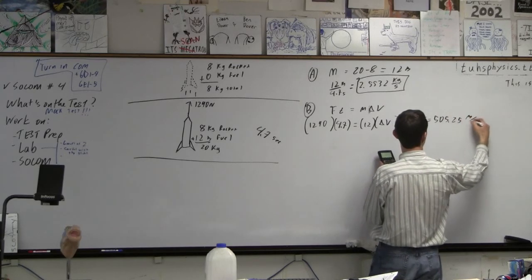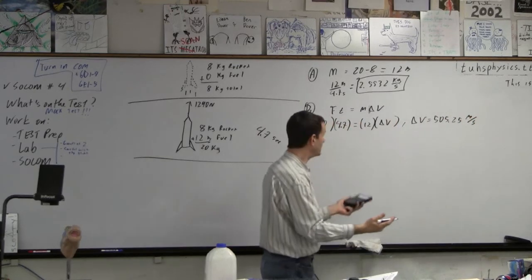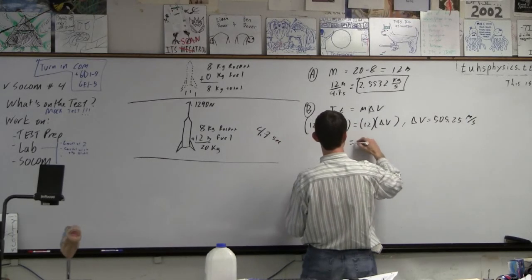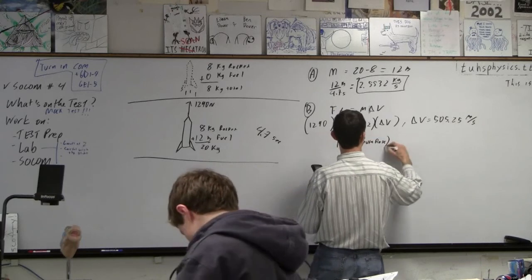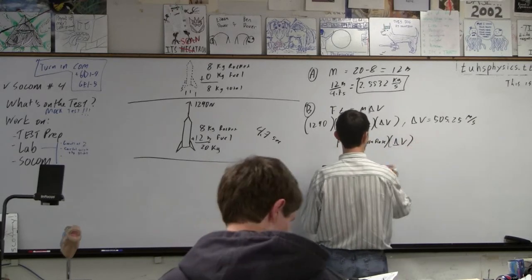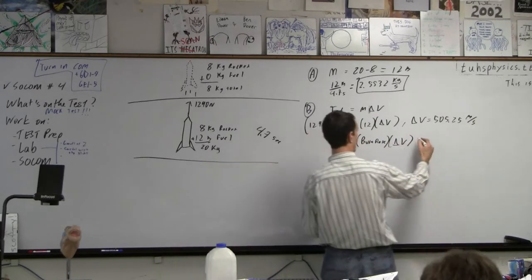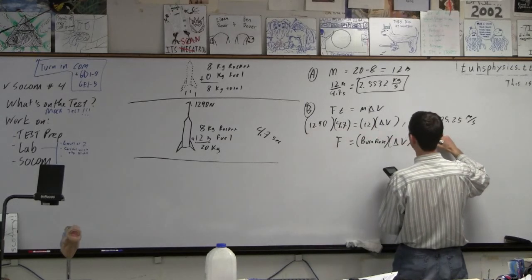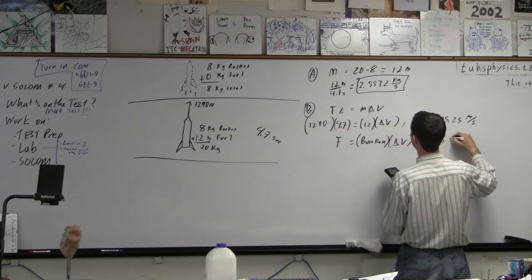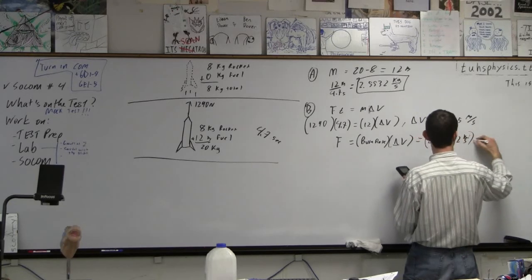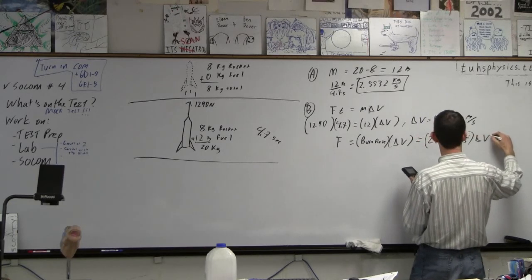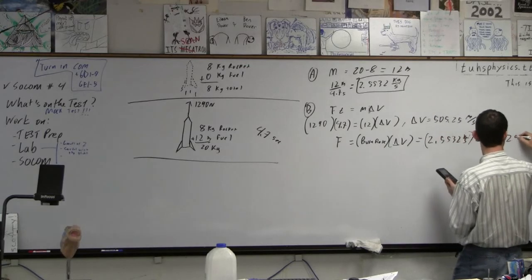Okay. The other way to do it is that the thrust of the rocket engine is the burn rate times delta V, right? So that's going to equal 2.5532 per second times your delta V, and that equals 1290.